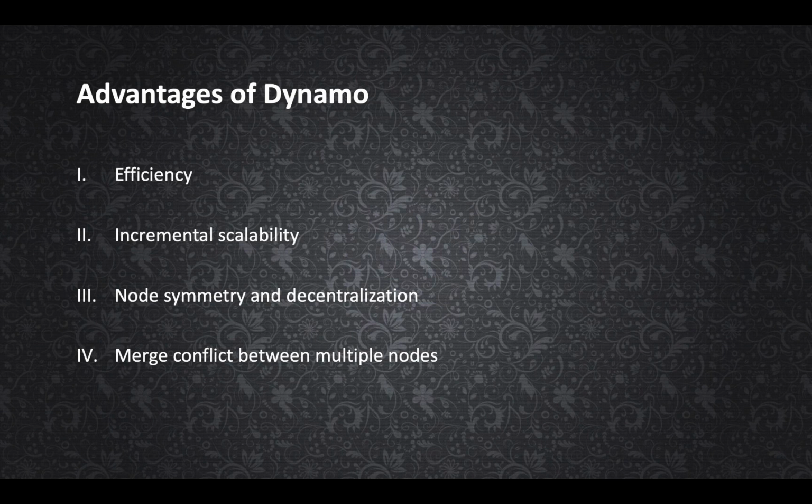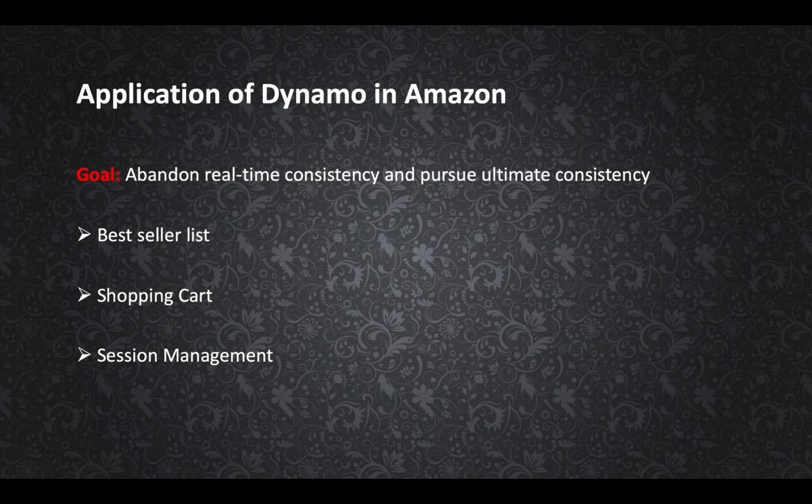Moreover, the system uses a P2P architecture, and each node is peer-to-peer and has the same responsibility. Since each node in the system is peer-to-peer, when the same data item is written concurrently, the data of each node may be inconsistent. Now, let's move on to the application of Dynamo in Amazon.